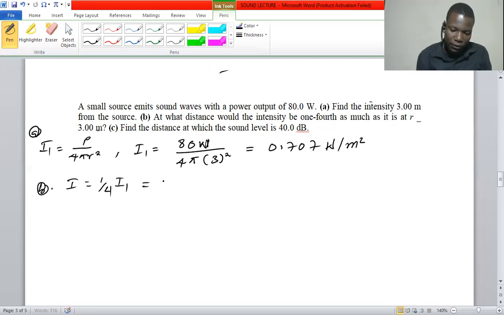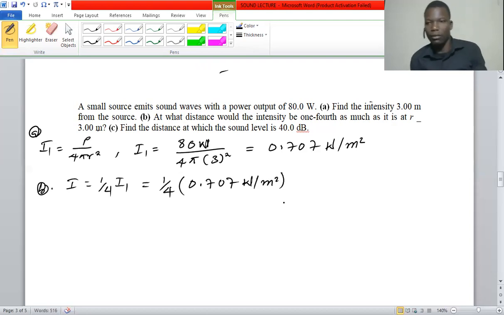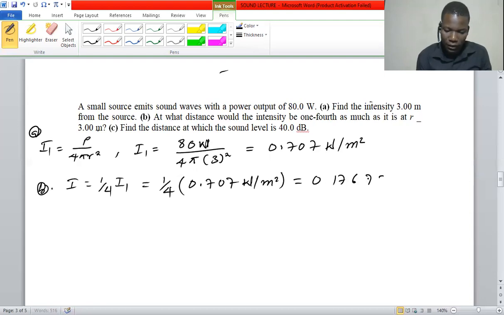So we have 1/4 of 0.707 watts per square meter. What we're going to have for the intensity is 0.17675 watts per square meter. So this is 1/4 of the intensity.